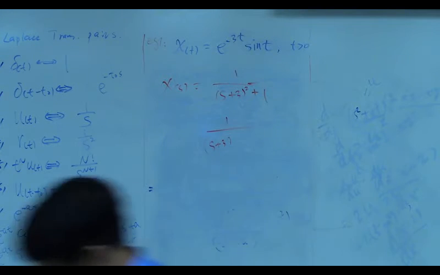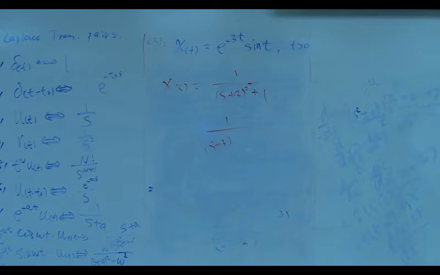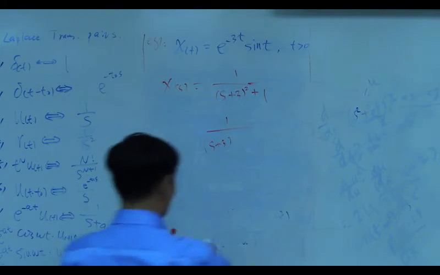Let me see what you have. I guess I need to draw. Sin t is this, right? Yeah, sin t is this one. You get this correct. Then you multiply by exponential. You need to replace this s with s plus a. That is it. Right, you're right.